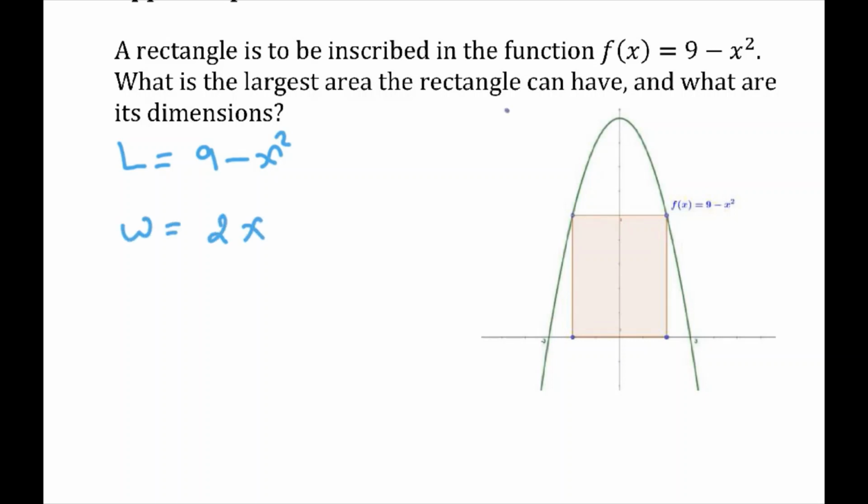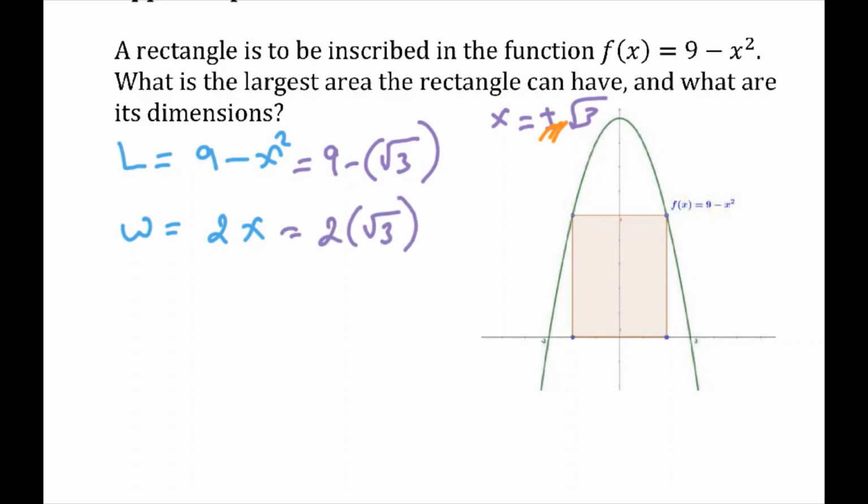Since we have x equal to positive or negative square root of 3, we avoid the negative because a dimension cannot be negative. So L is 9 minus the square root of 3 squared, which is 9 minus 3, which is 6, and W is 2 square root of 3.